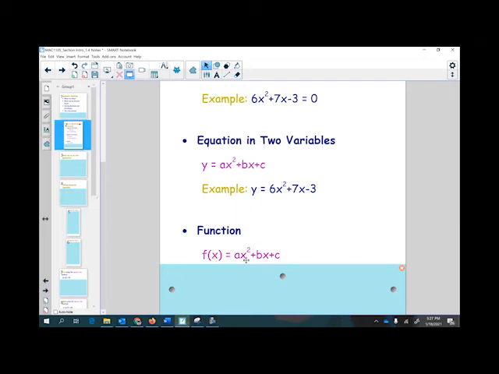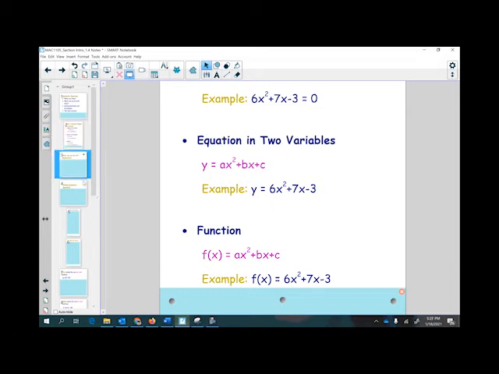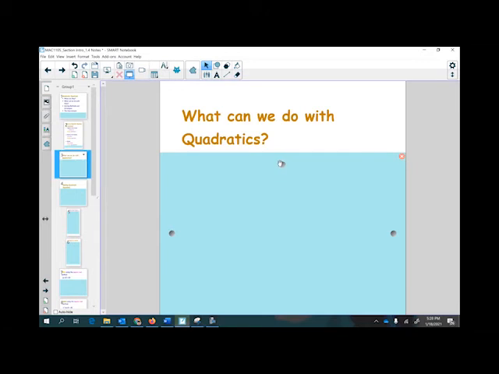So in other words, x is what's chosen first, and then we consider the y value the result. So an example of this, of course, could be that same polynomial again, but instead of y, we have f of x.